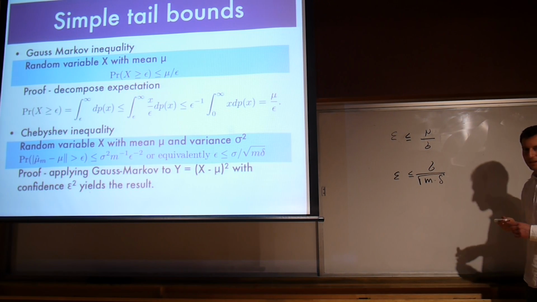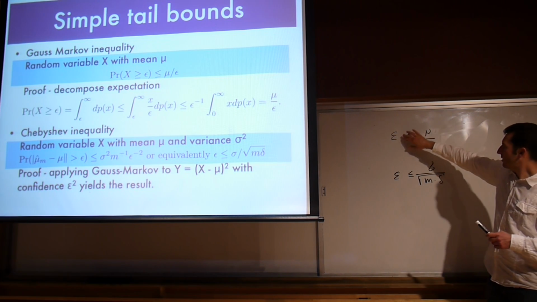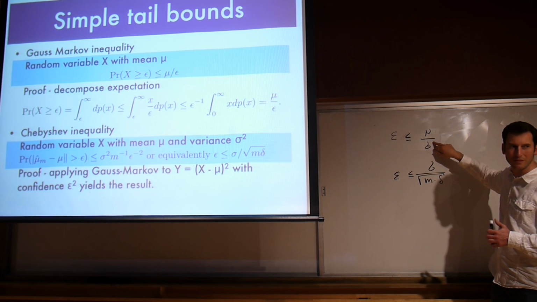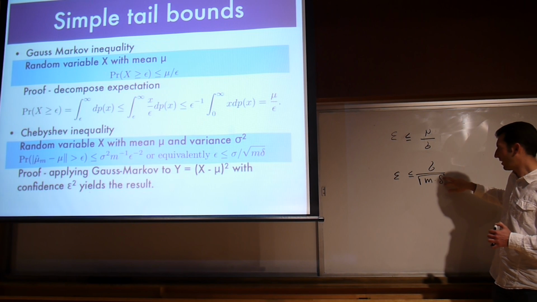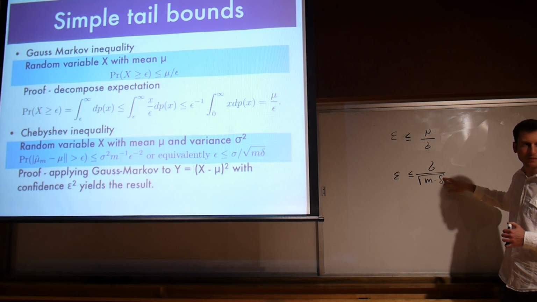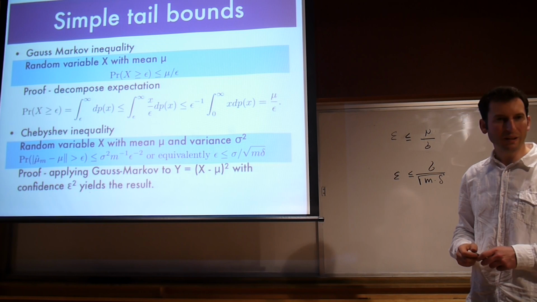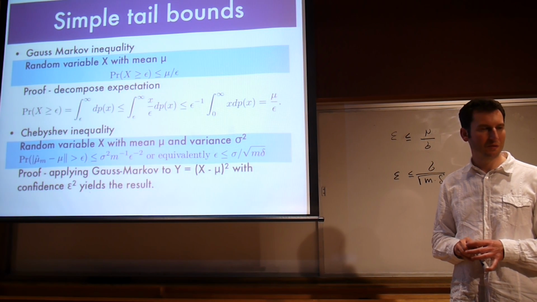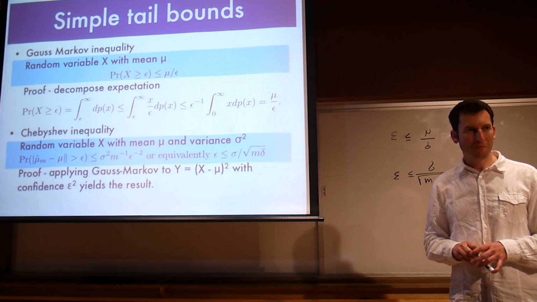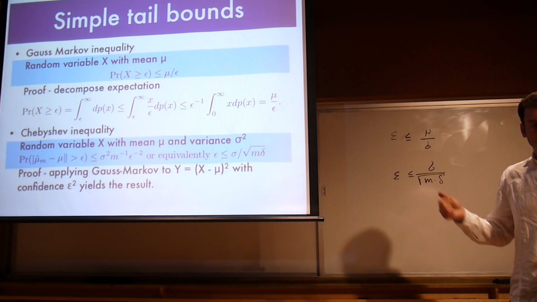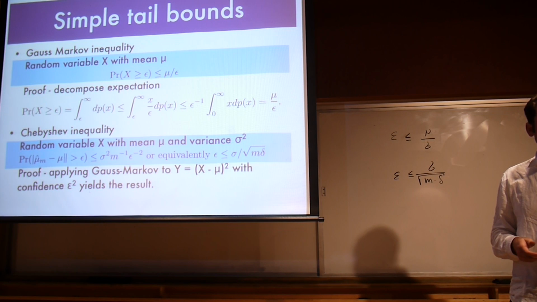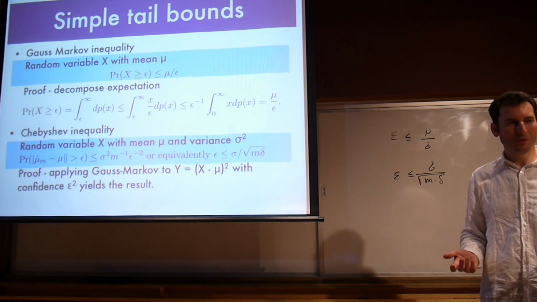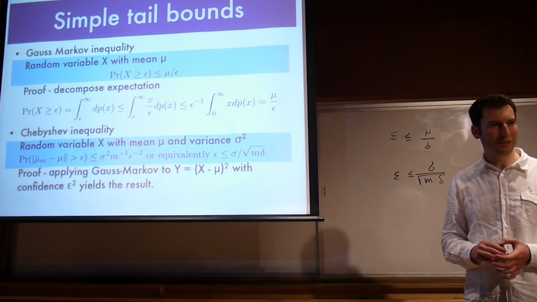So the interesting thing is that in the Gauss-Markov, we have a 1 over failure probability dependence. In the Chebyshev, we have a 1 over square root of failure probability dependence. Yep. What's the delta? Delta is the failure probability. It's the probability that the inequality will not hold. So that can make a huge difference if you, let's say, care about having a failure probability of 0.1, then in one case, you will need basically 10 times as much data as in the other case.